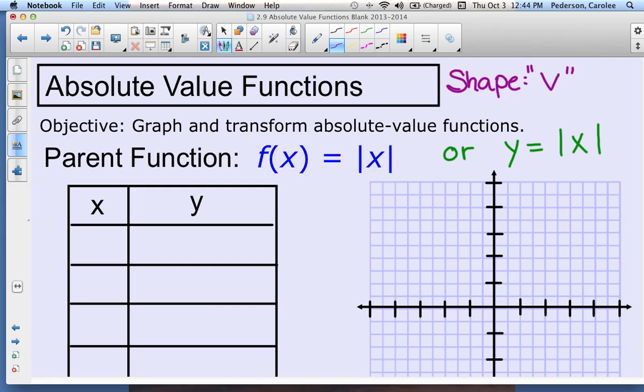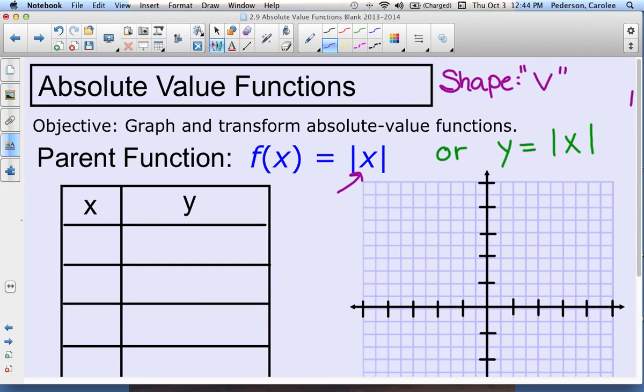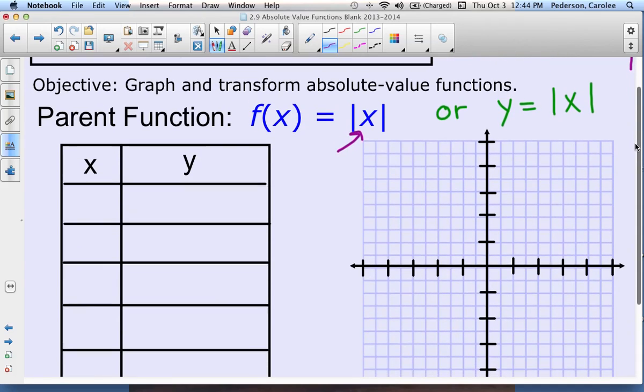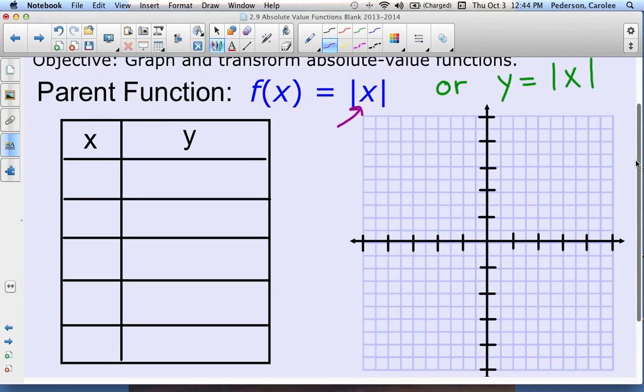So what we're going to do is evaluate this function for a few ordered pairs. Remember, when you evaluate, you are substituting values in for x. That is your domain. So I'm going to pick some very purposeful numbers to plug in. I'm going to plug in the number 0 for x.